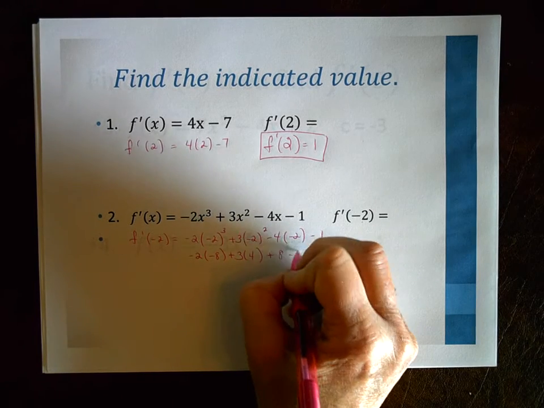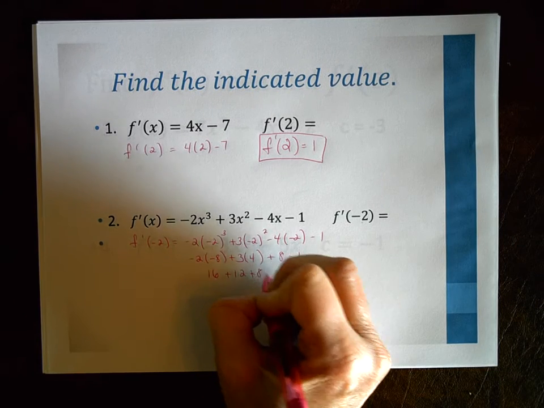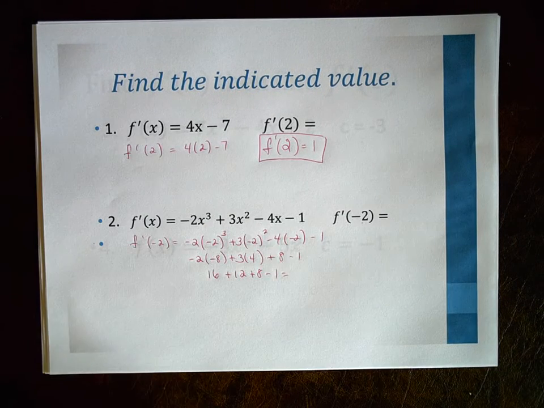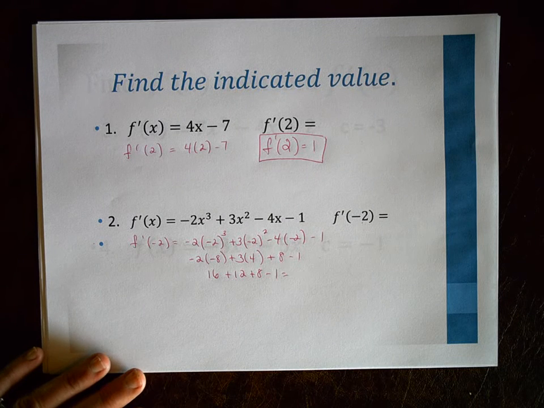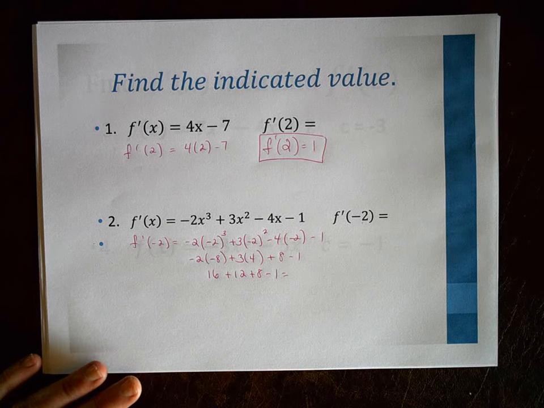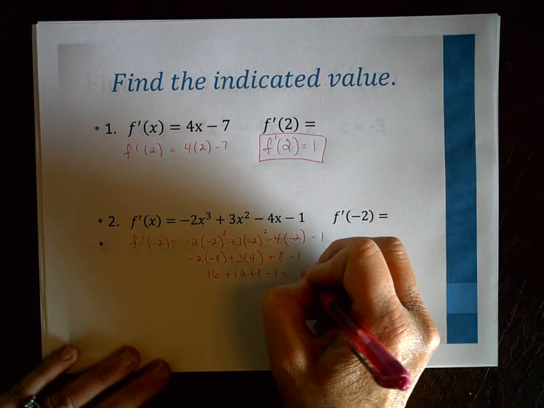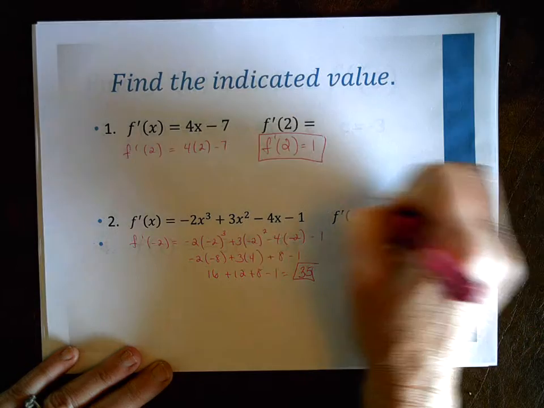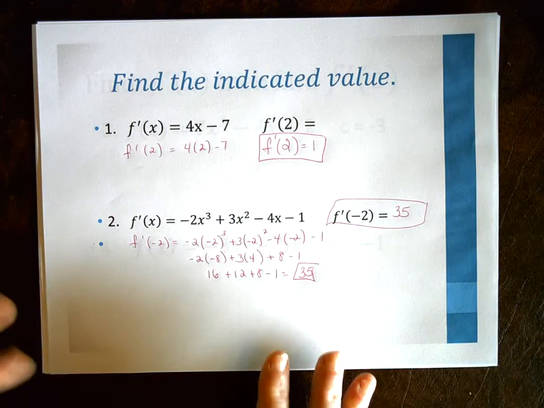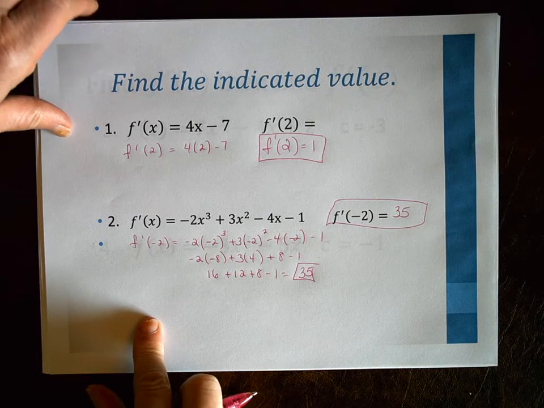That's positive 8 minus 1 is 16 plus 12 plus 8 minus 1, which is going to give you a total of 35. So just making sure you look at the notation and plugging it in, because you're going to see why later. You're going to figure out things and have to plug it back in.